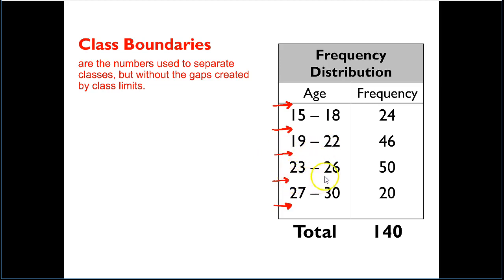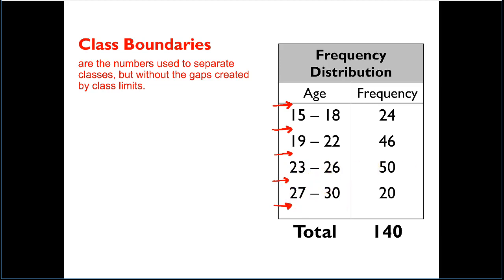This one is between 26 and 27, which is 26.5. Again, it's the number between the upper class limit of one class and the lower class limit of the next. This number separates these 2 classes.